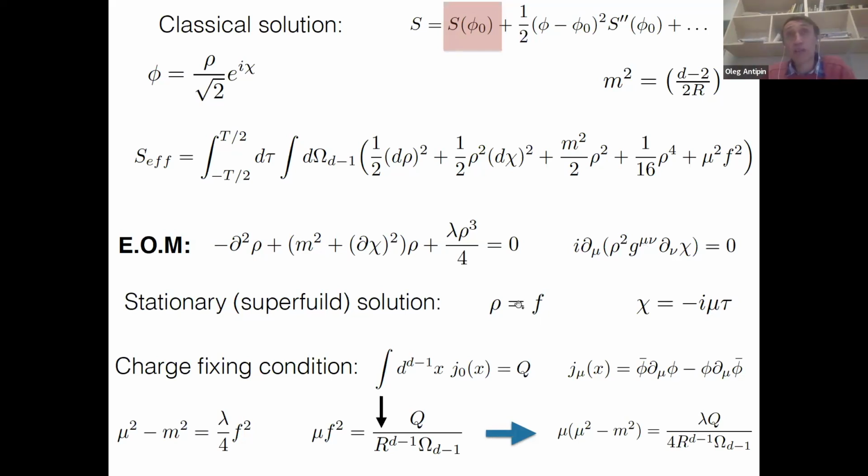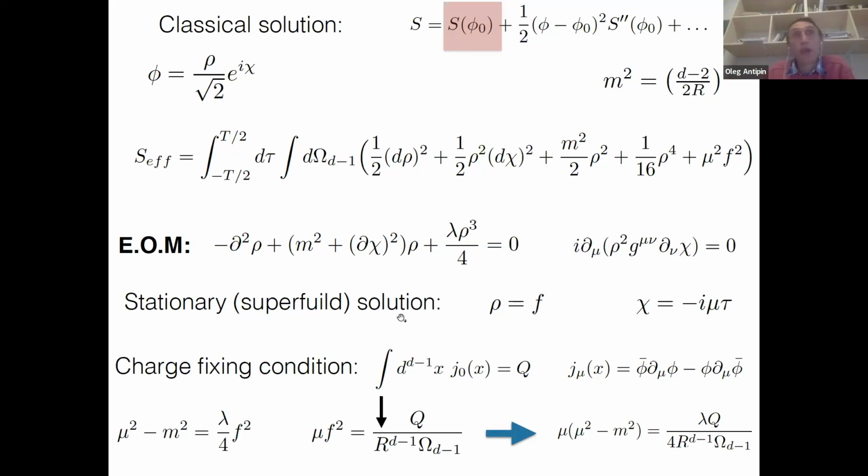The profile looks like this: a constant for the radial mode, f, and a time-dependent phase, where tau is the time on the cylinder, the time interval. This mu is the coefficient of my solution. It turns out to be exactly the chemical potential, but for the solution, it's just a parameter at this moment.